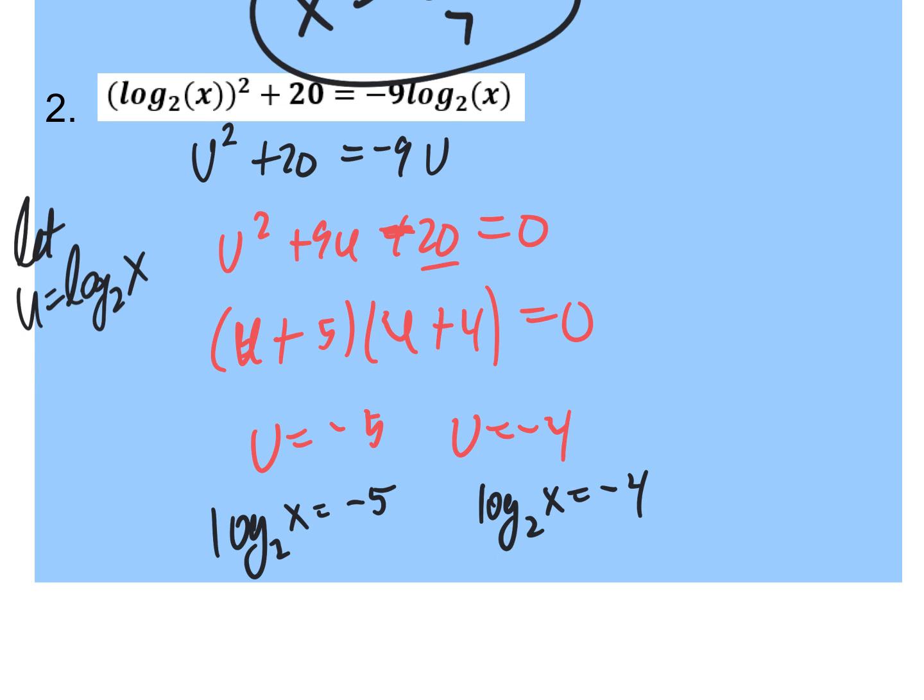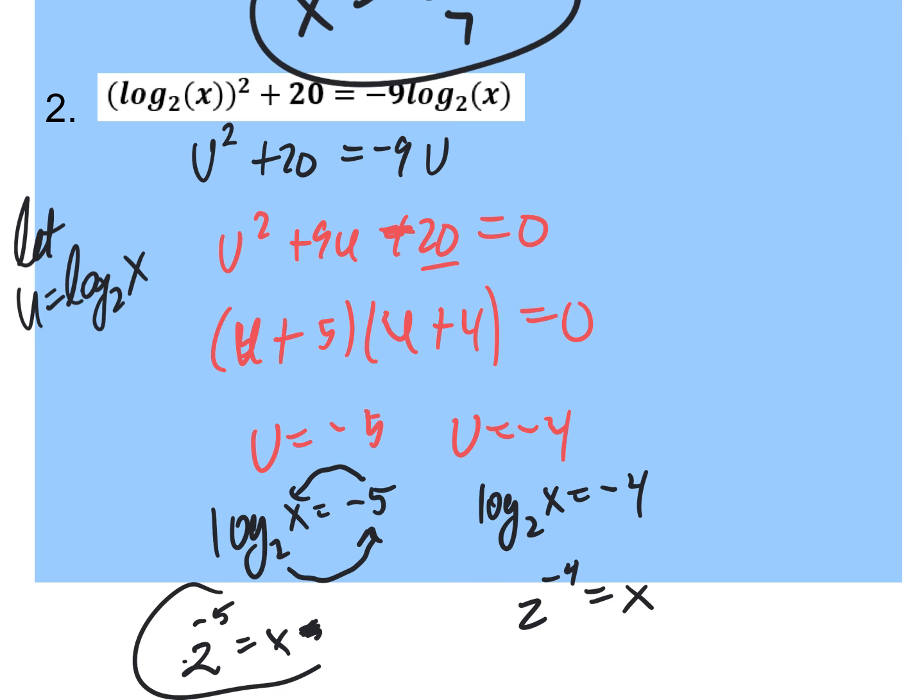But actually, those are in the exponent position where you're allowed to have negatives. So, final answer here, 2 to the negative 5th is equal to x. And 2 to the negative 4th is equal to x. So those are basically just two really small numbers.